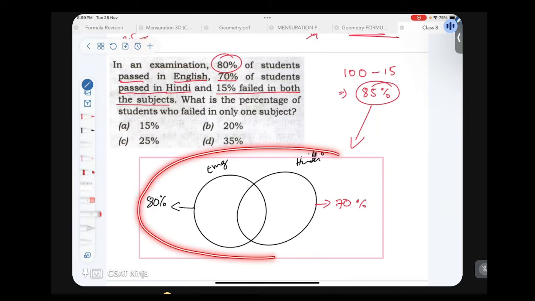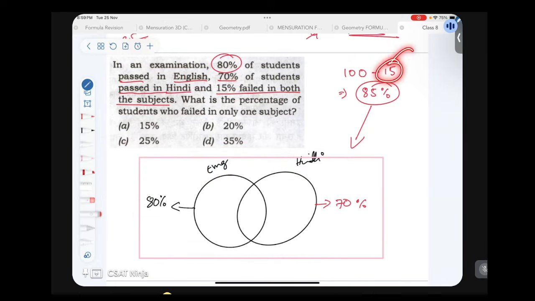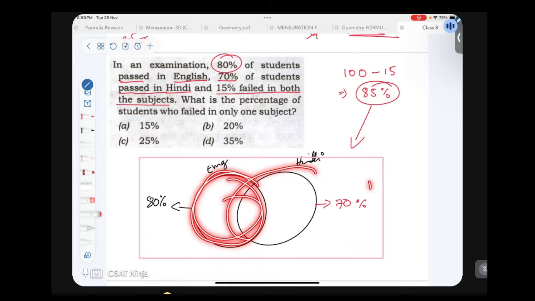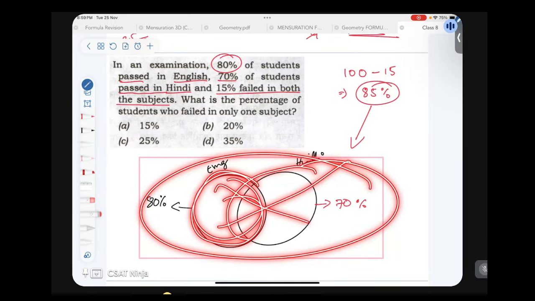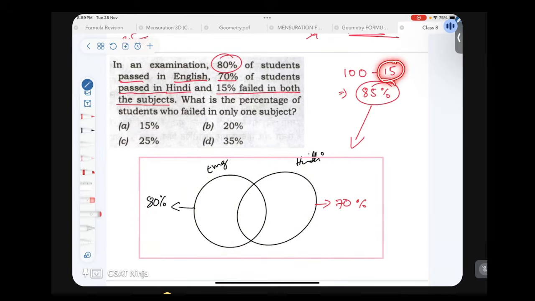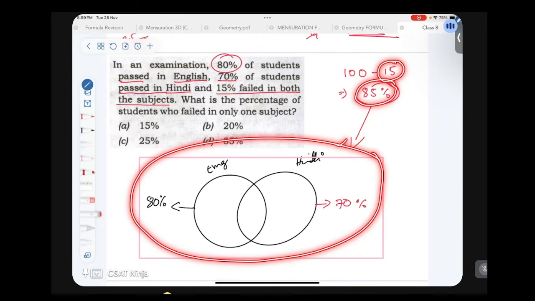This data here is only about the ones who have passed in English and Hindi. That means we don't need to include the ones who have failed. So the total value should be only 85%.